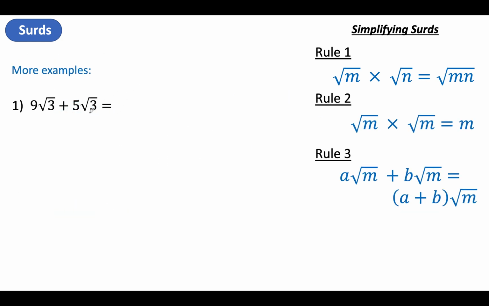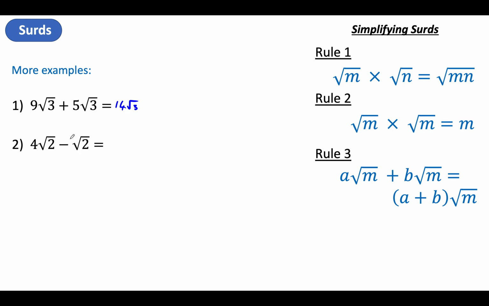So let's look at a couple of example questions, and then you can do a few, and I can stop talking. These are quite straightforward, I think. So 9 root 3 plus 5 root 3 is a total of 14 root 3. And let's say I've got 4 root 2 take away root 2. Now, some people would put the answer of 4 here, because they go, well, I've got 4 root 2 and I'm taking away the root 2, so I'm just left with the 4, which of course is not right.